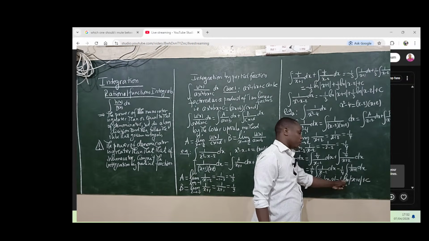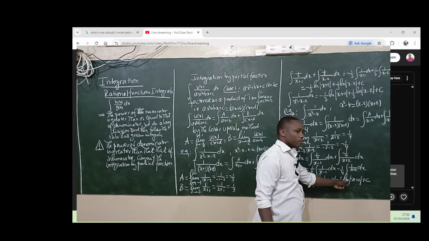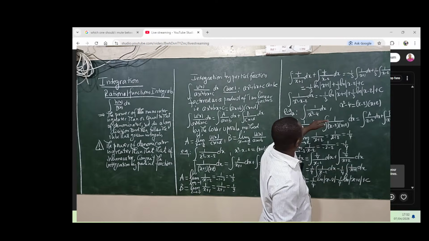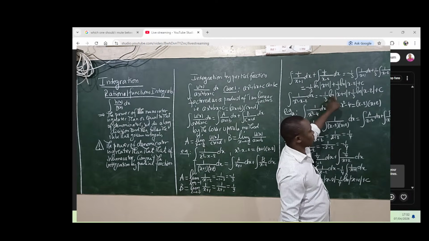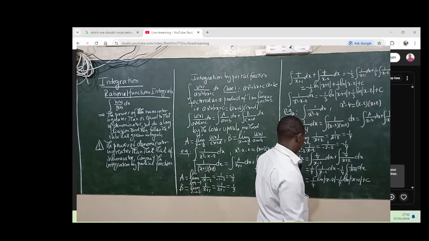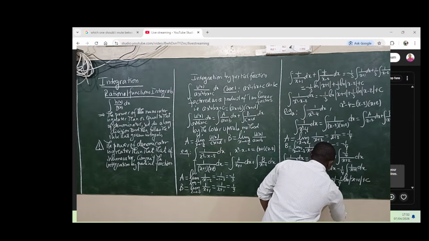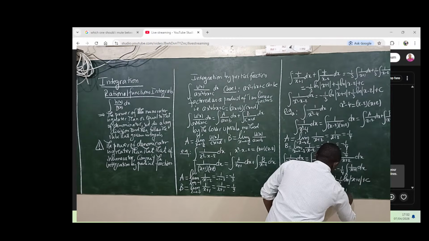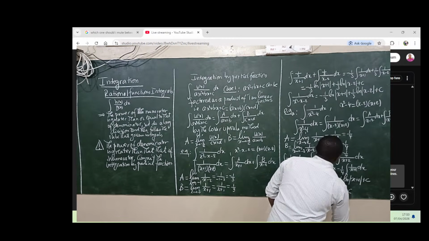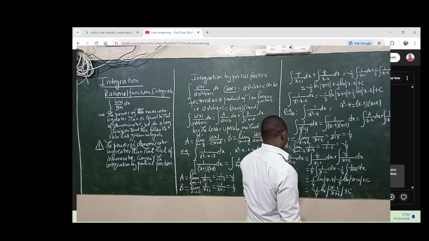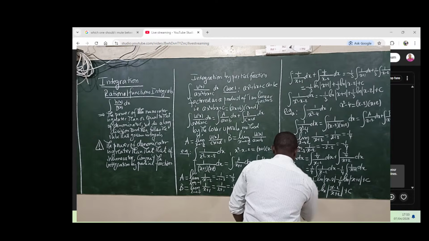It is 1 over 4 times ln of x minus 2 by x plus 2 plus a constant of integration. This is the integral of 1 over x squared minus 4 dx.